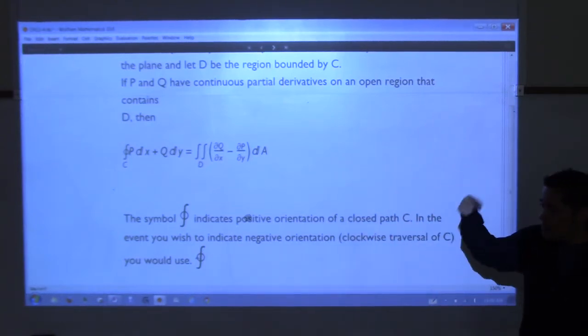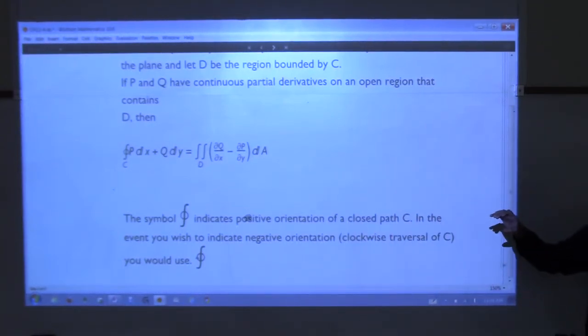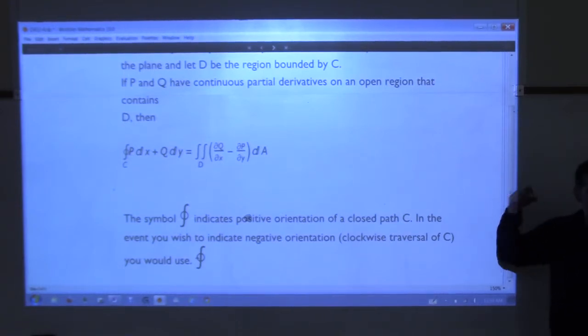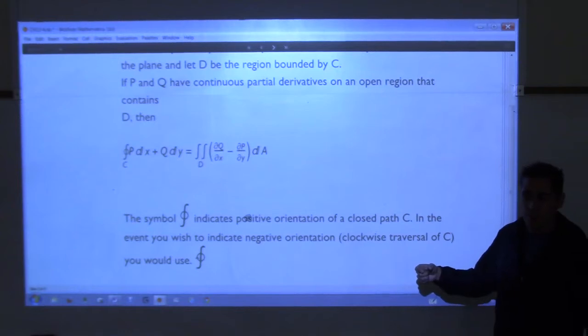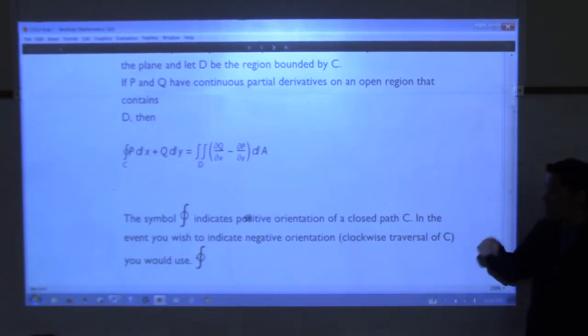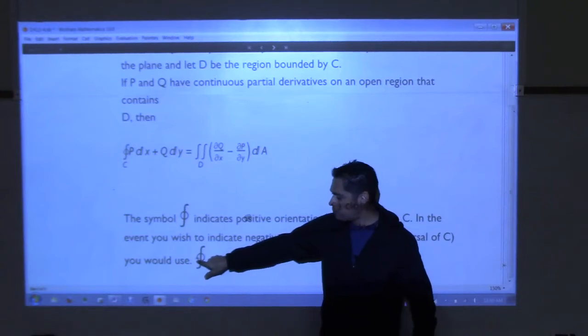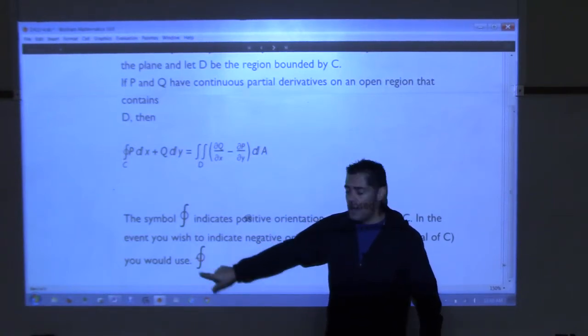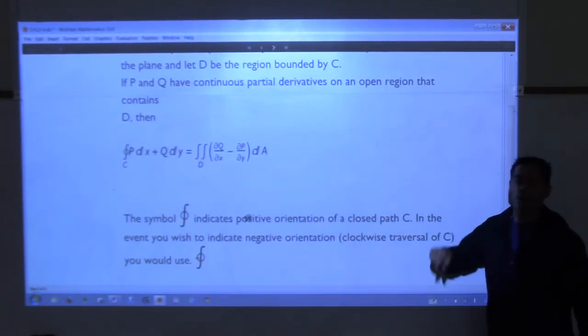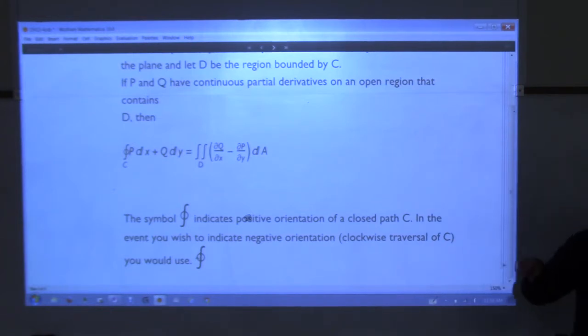But if you draw that little circle around the integral, then it is a closed path. Further, if you just draw the circle, positive orientation is implied. If you want the opposite direction, you add this little arrow. That arrow indicates I'm reversing the direction, and therefore it's negative orientation for the curve, clockwise.